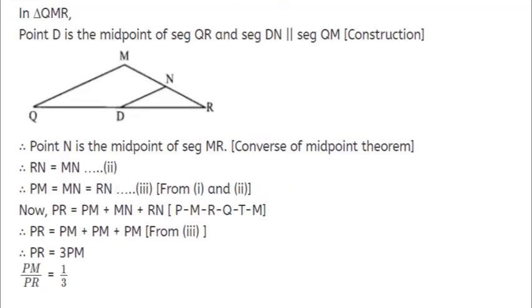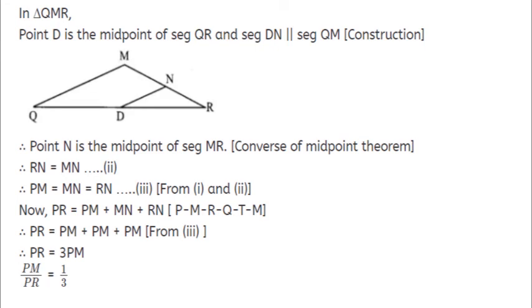Now pick out triangle QMR. When you take triangle QMR, point D is the midpoint of segment QR and segment DN is parallel to segment QM according to our construction. So here also we have to apply the converse of midpoint theorem because we have one midpoint and parallelism.